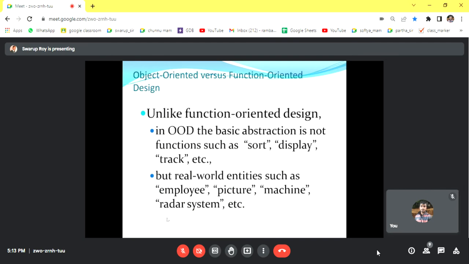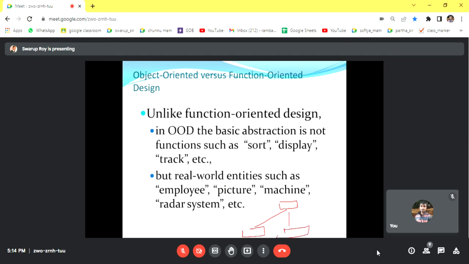Now, object-oriented design doesn't go by abstractions in terms of functions like sort, display, track. If you can remember this diagram, this is a superordinate model, and you have subordinate models.